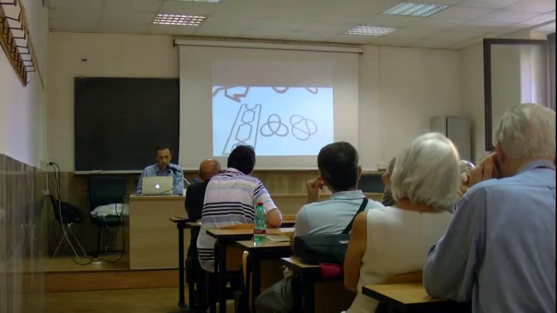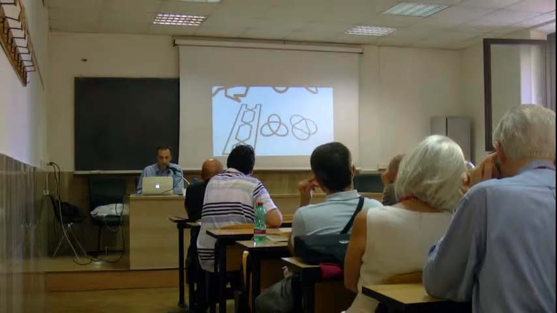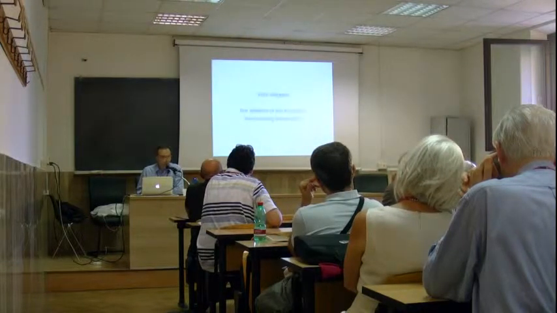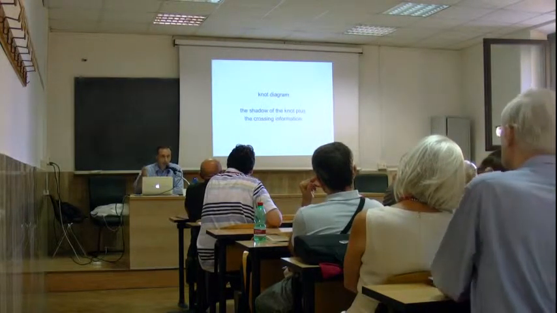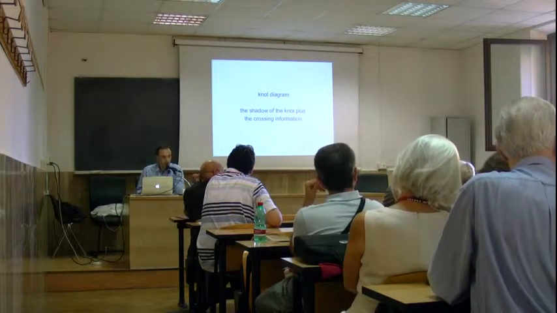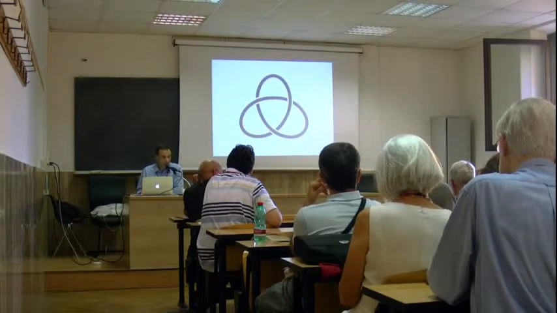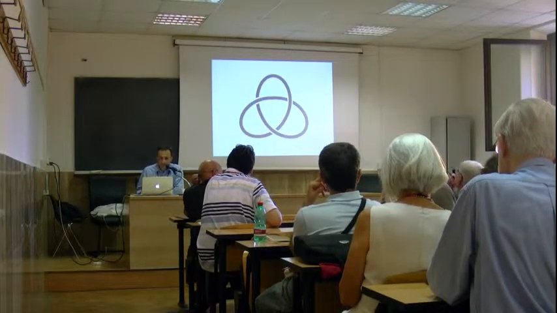And here you can see an example of projection. So a knot diagram is the shadow of the knot plus the crossing information. So you have to encode this information. So a knot diagram is something like this. It's not simply the shadow.